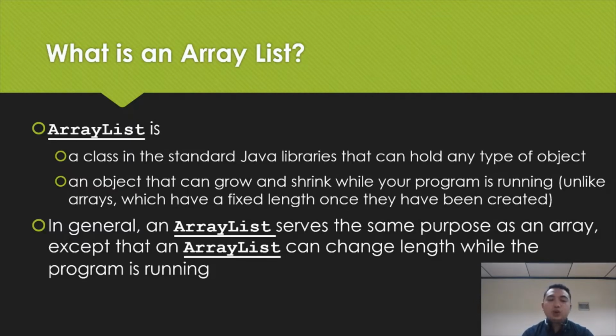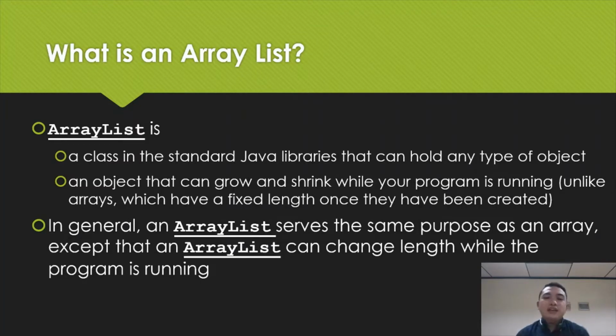By definition, ArrayList is a class in the standard Java libraries which can hold any type of objects. That means the first element can store a character, the second element can be a double, the third element could be a string, etc. So that is the first difference between ArrayList and array.